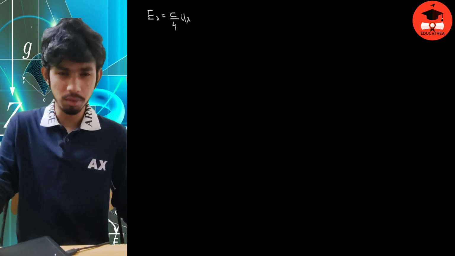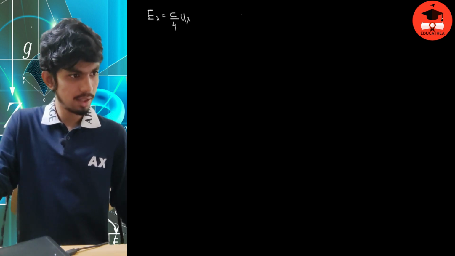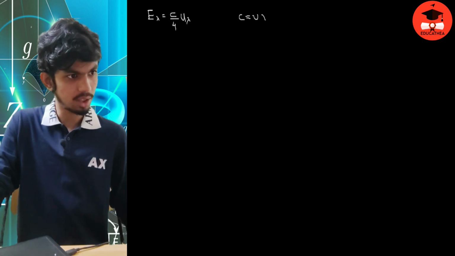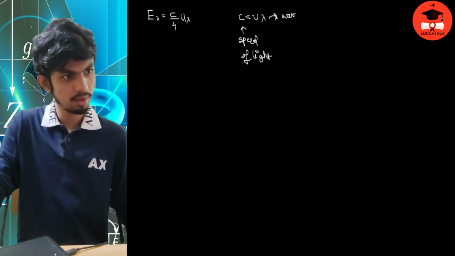Now we already know from our high school physics once again that C is equal to mu lambda, where C is basically the speed of light, lambda is the wavelength of light, and mu is the frequency.